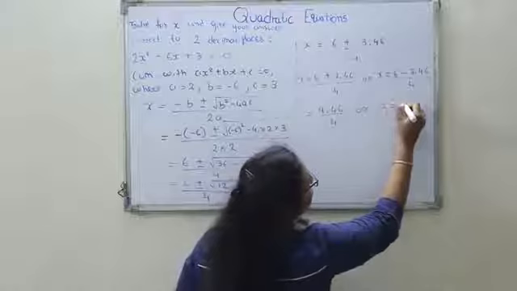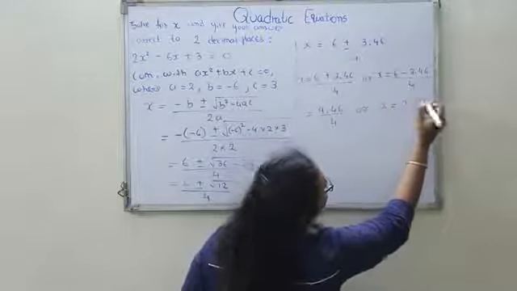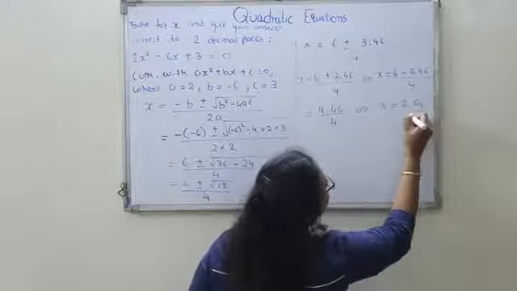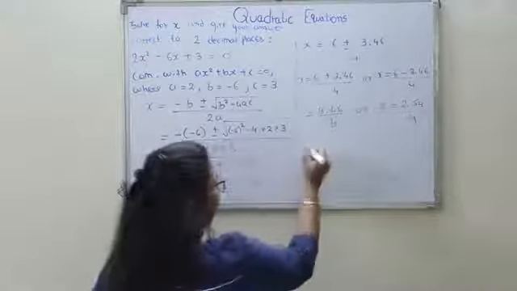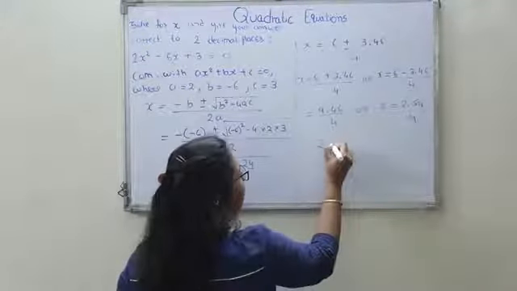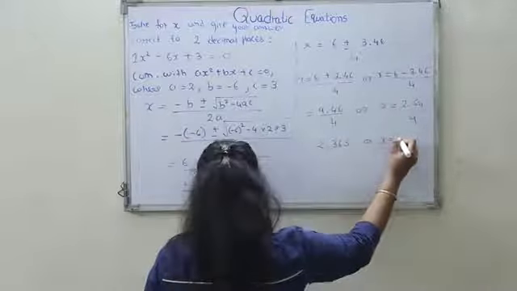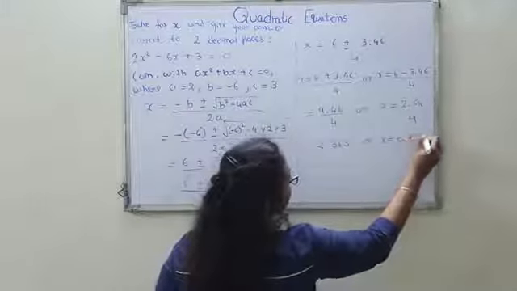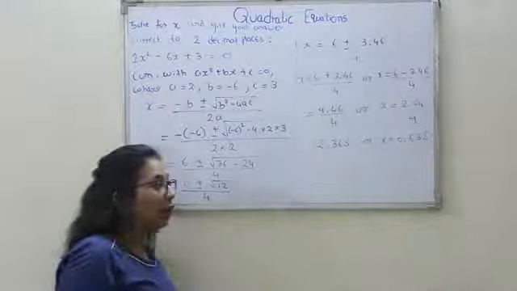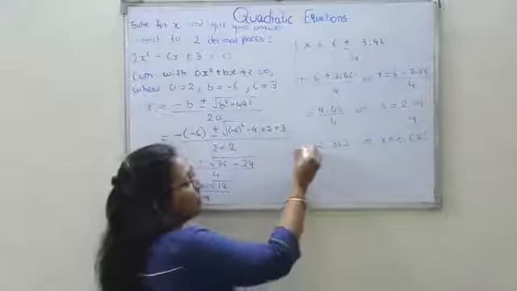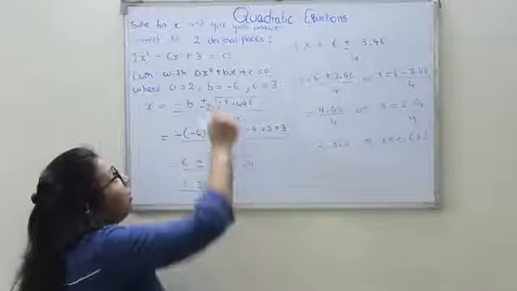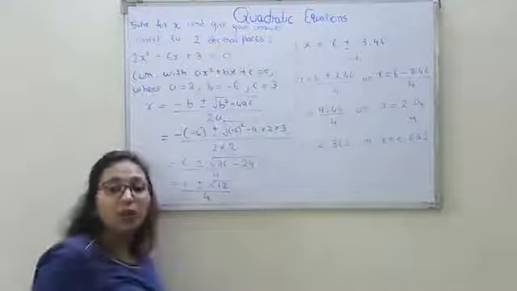When you divide this by 4, you will get 2.365, and when you divide here, you will get 0.635. Now these are the roots of the quadratic equation, but again children, you have to write your final answer up to 2 dp.